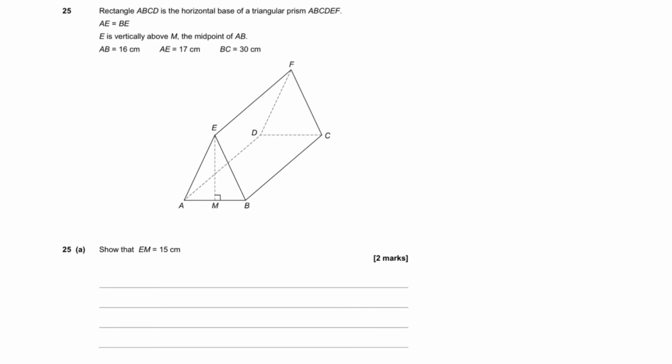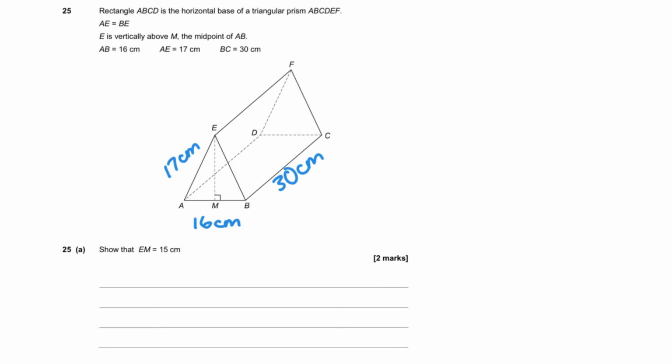So let's have a think about what we know and draw it on the diagram. So AB is equal to 16 centimetres, AE is equal to 17 centimetres and BC is equal to 30 centimetres. So AE is equal to BE, so we've got an isosceles triangle here.